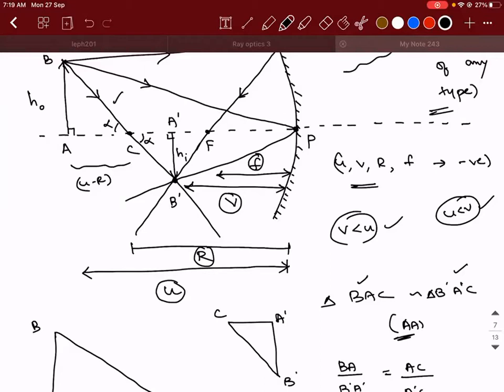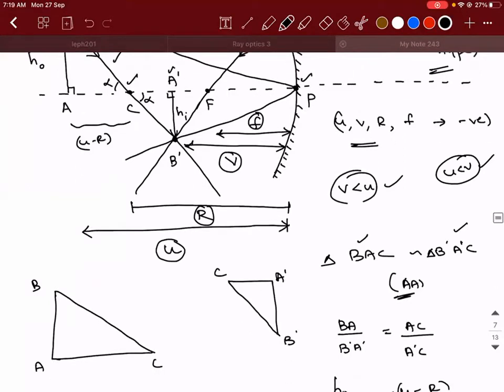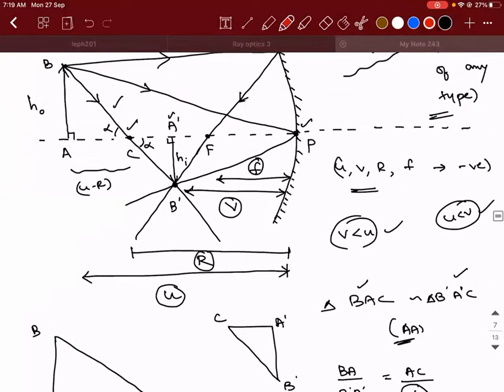A dash C is CP minus A dash P. Sir, could you repeat? A dash C, A dash theta A dash C is nothing.